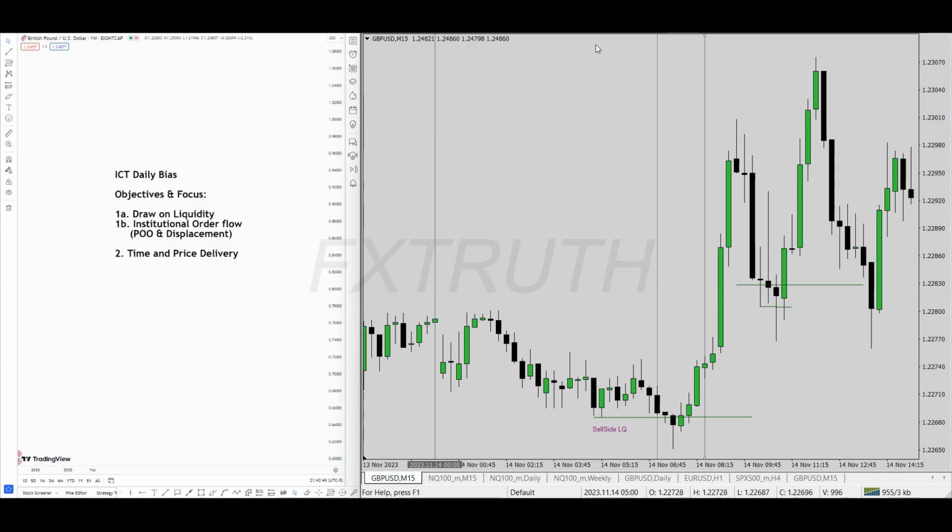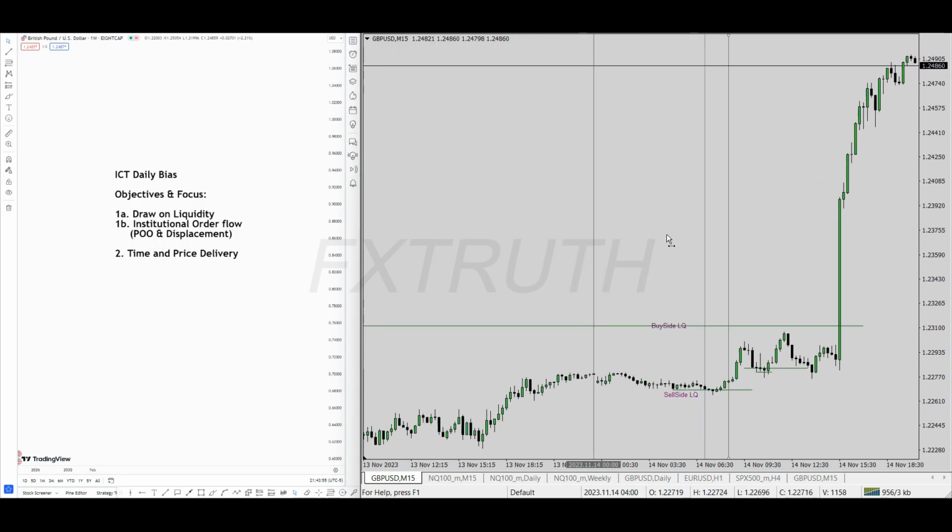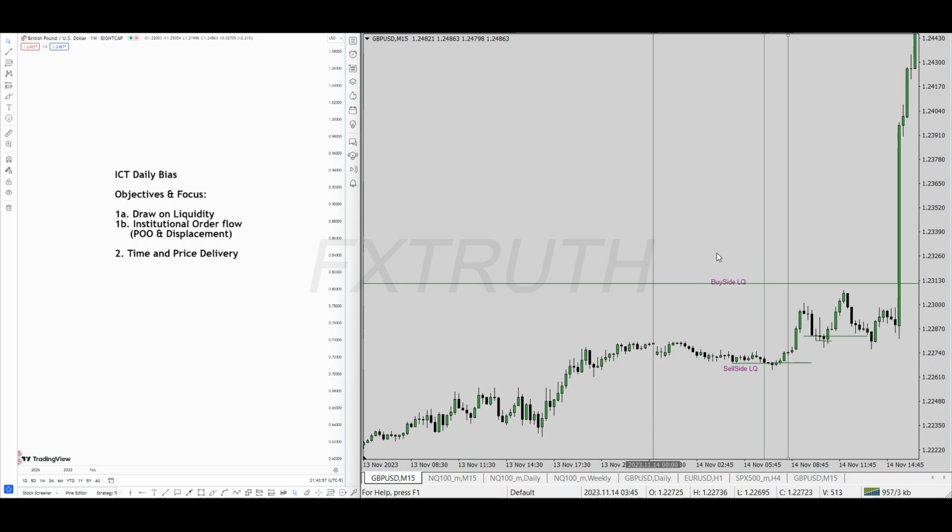So let's say you are very bold and you want to hold ultimately to the already identified buy side liquidity we spoke of earlier. So you want to enter that zone, put your stops below this particular fair value gap right there, and you can actually still hold for that zone.